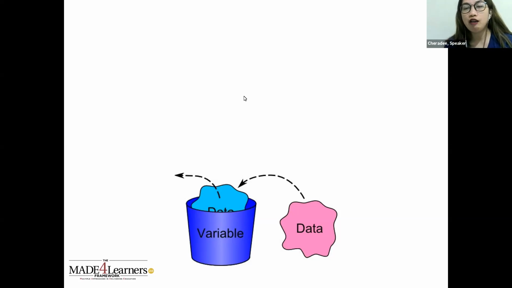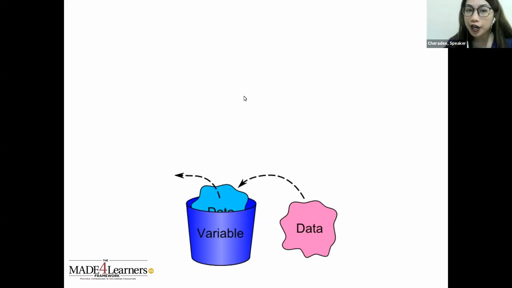The value of E. So E is always E in the exponent. What else? Numbers 1, 2, 3, and 4. Those are fixed data. What else? What are other fixed data? So those are examples of fixed data. Basically, they do not change at all.